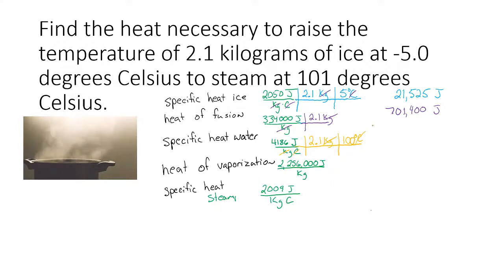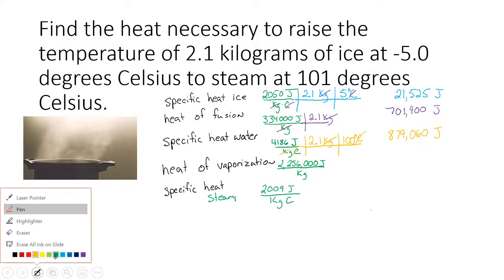When we do that, we get 4,186 times 2.1 times 100, which takes 879,060 joules to raise the temperature of that amount of water, 4.6 pounds of water, from 0 to 100 degrees Celsius.